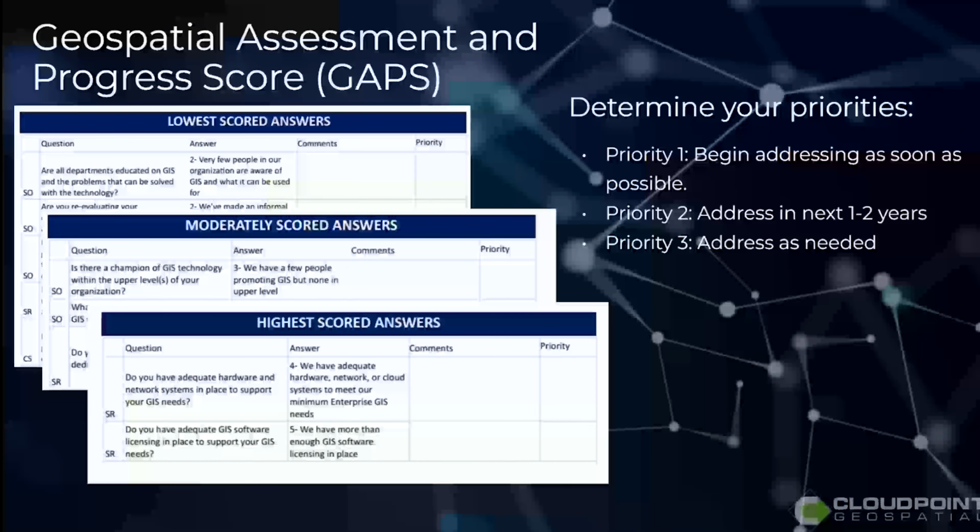So as I mentioned, let's say our data categories, we scored very high. That doesn't necessarily mean we don't need to keep addressing that issue, right? So maybe we still want to assign that as a high priority level 1, because we know that's a foundation of how we want to proceed with our geospatial program.